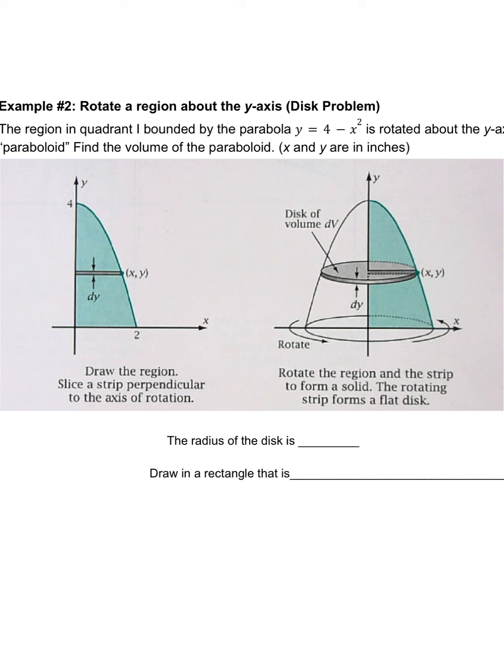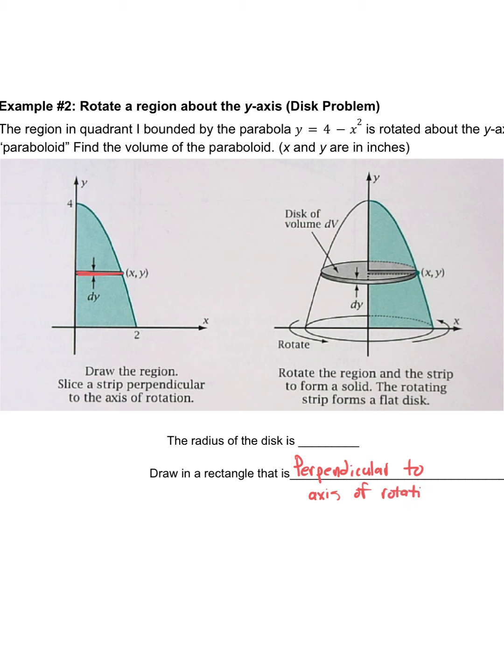Because our rectangle has to be perpendicular to the axis of rotation, we're going to put in a rectangle that is horizontal. Okay, so the rule for volume is you put a rectangle in the region that is perpendicular to the axis of rotation.